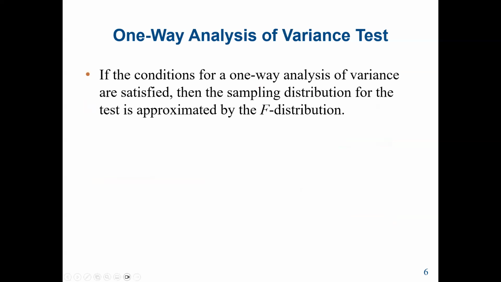So if the conditions for one-way analysis of variance are satisfied, then we are ready. The sampling distribution for the test is approximated by the F distribution. Then we are ready to do our test. So the test statistic to find F will be MSB divided by MSW.